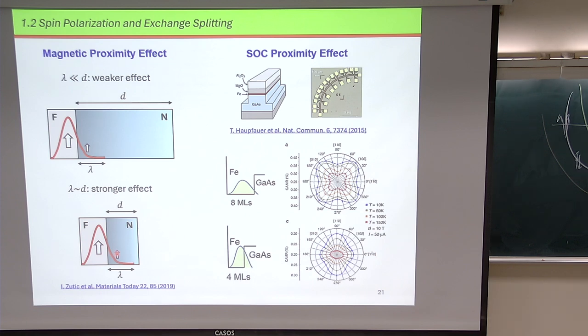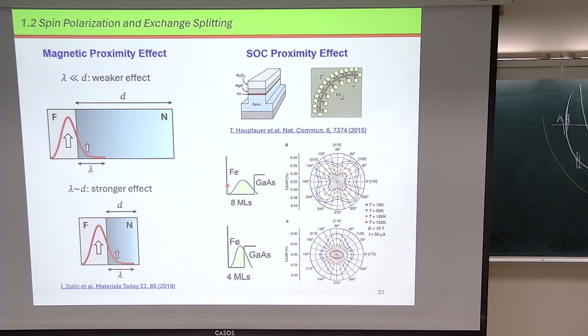In this specific case, I'm giving a couple of examples here with iron. I have a layer of iron here. In this first case, I have 8 monolayers of iron on top of gallium arsenide. At the interface of iron and gallium arsenide, you are breaking the inversion symmetry, and then there is a spin orbit coupling generated there. I will talk more in detail about that.